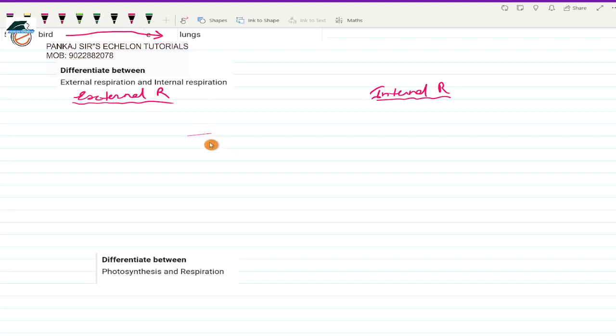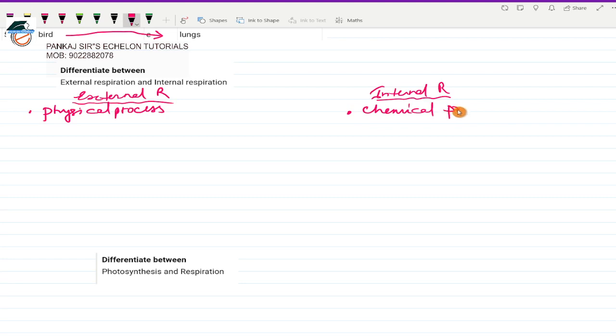So the first point of difference is, external respiration is a physical process. And internal respiration is a chemical process.